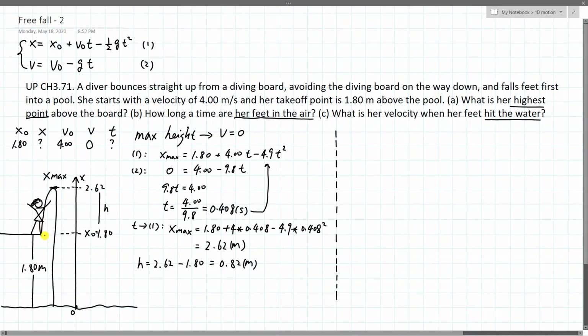So if you wish to use the original initial height and initial velocity, and use that as a new final, you should be just fine. You don't have to start from here as a new initial and then come down here as a new final. That's not necessary. These equations can deal with the entire motion while she is under only gravity. So let's give that a try.